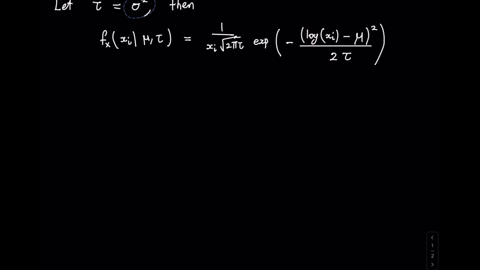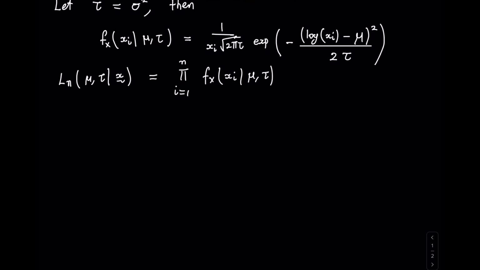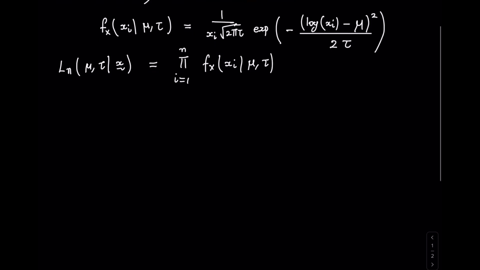So now let's begin. The likelihood function evaluated at mu and tau, given our set of data x, is by definition the product from i equals 1 of all the probability density functions evaluated at xi.